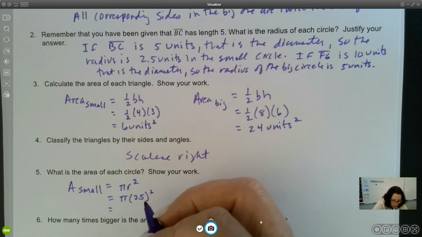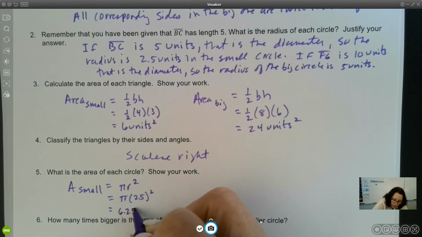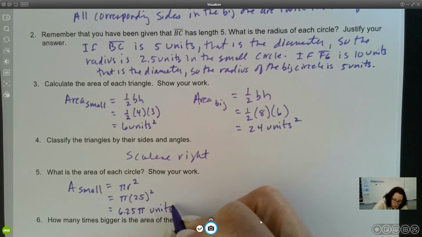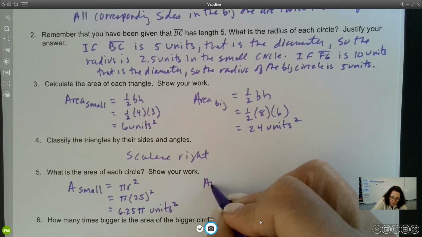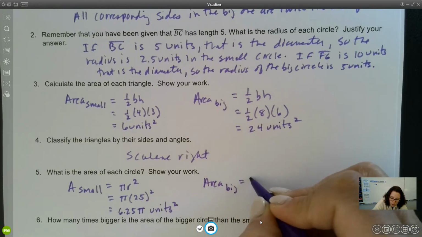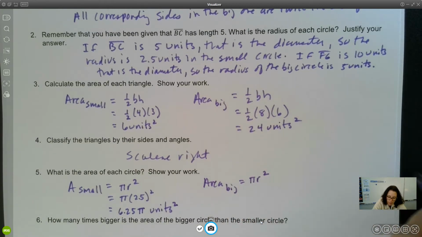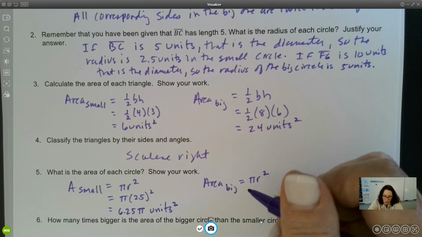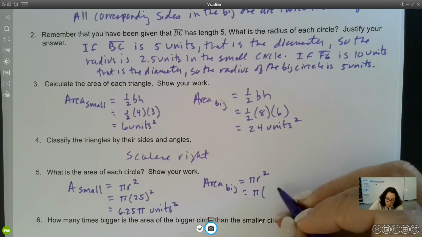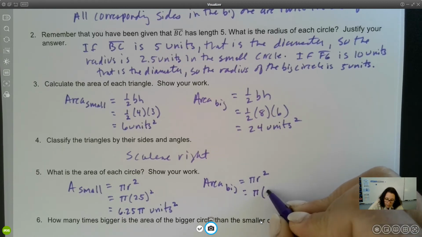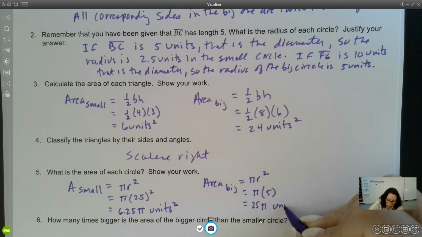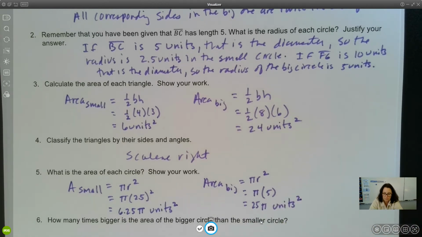So 2.5 times 2.5 is 6.25 pi units squared. And then the area of the big or large is going to be pi, and the radius of this one is 5. So 25 pi units squared.